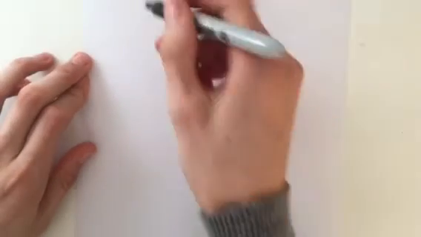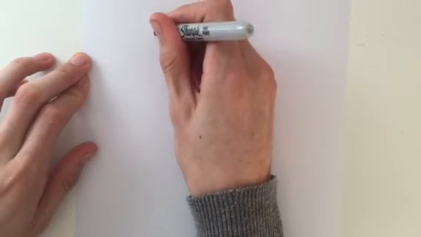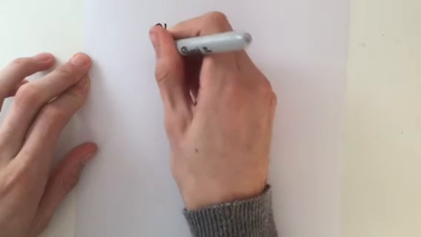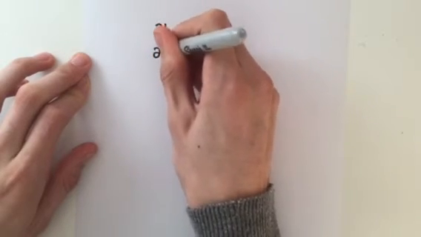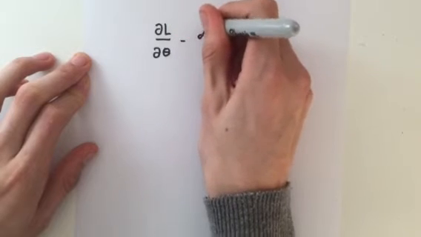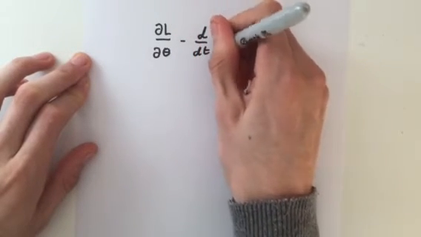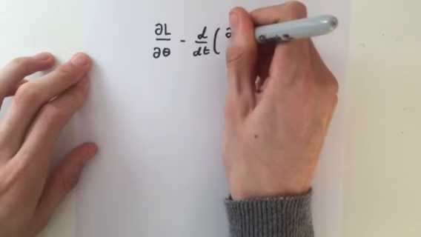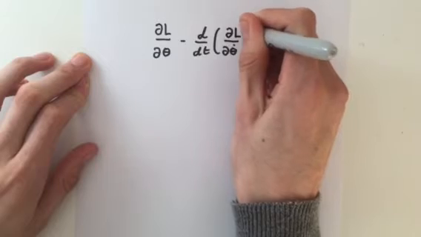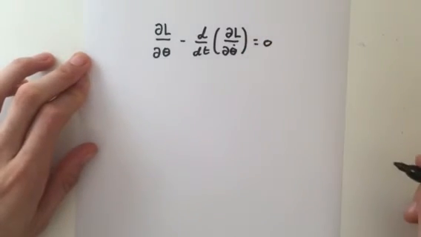The Euler-Lagrange equation, you might have memorized by now, is the partial of L with respect to theta, which is our variable in this case, minus the rate of change of the partial of L with respect to theta dot, and this is equal to 0. Okay?